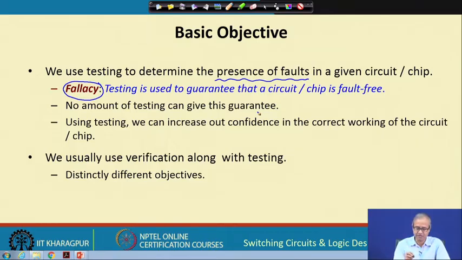However, what we can do using testing is increase our confidence in the correct working of the circuit. That is why we use testing. And along with testing, we use another term called verification. Let us briefly talk about the main differences between testing and verification.